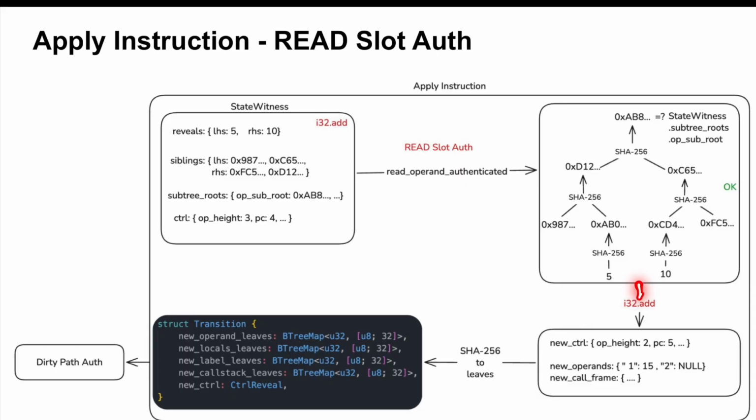So after we authenticated the membership of these variables, we execute this instruction and we create new control operands, which is operand height 2, program counter is 5, and new operands: for the first slot it is 15, second slot is null. And the new call frame, the same logic here again.